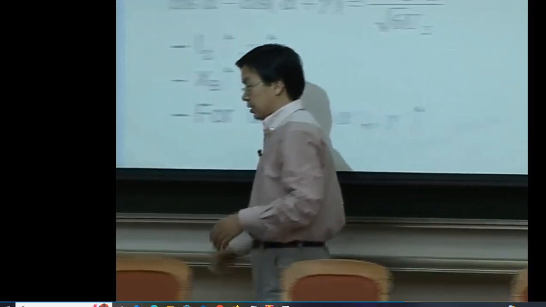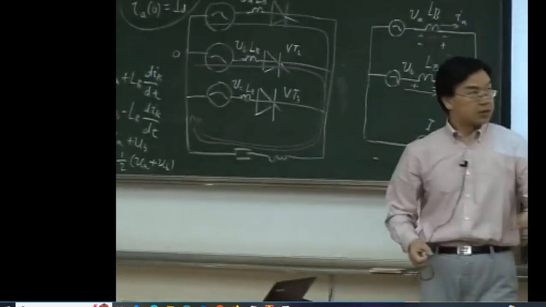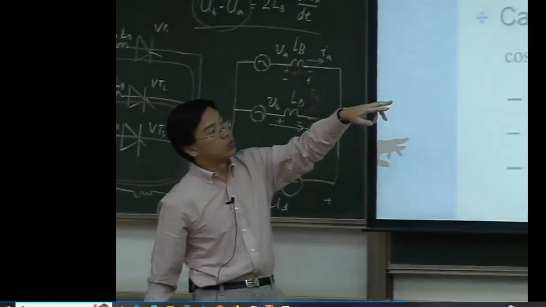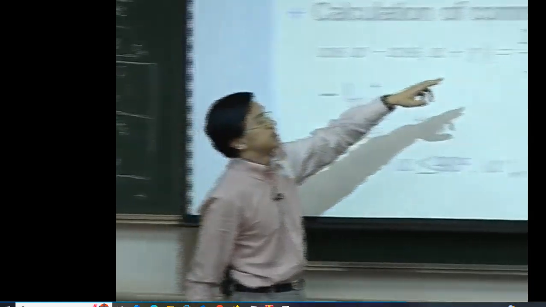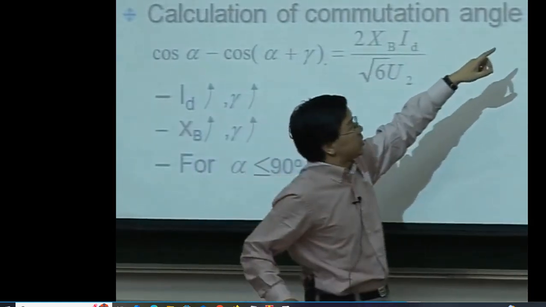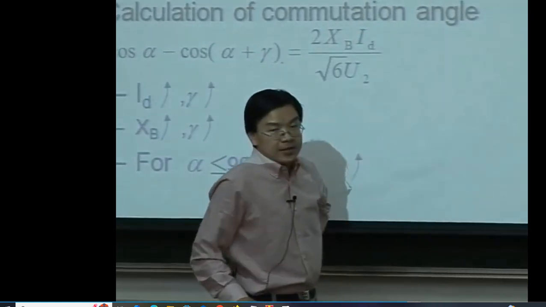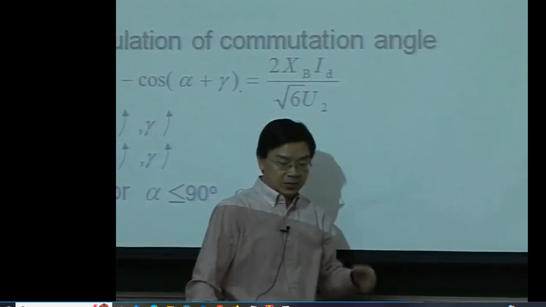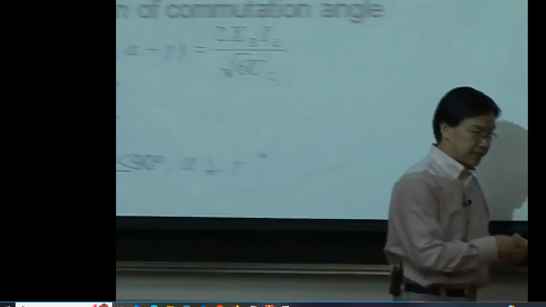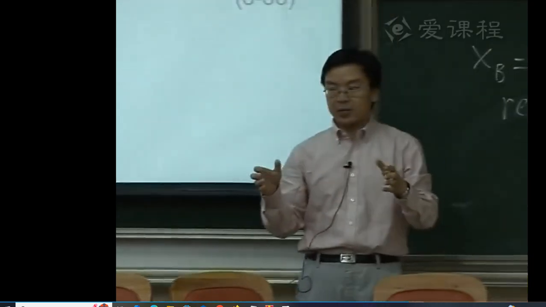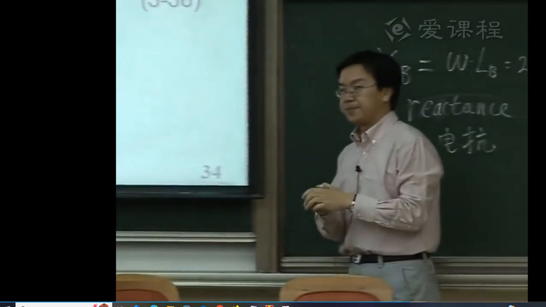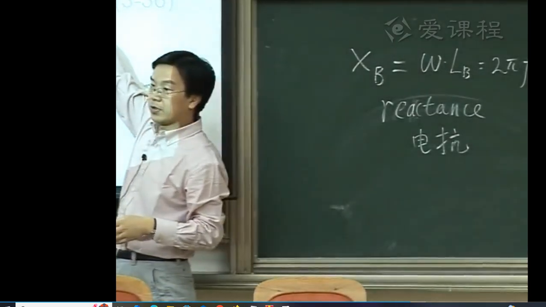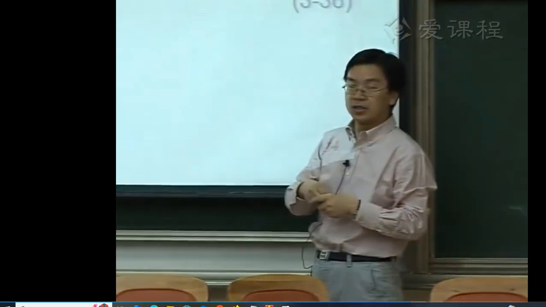So the reduction of the average output voltage is equal to this equation. If you look at this equation, XB is a constant, and the average output voltage reduction is proportional to ID, the average output current.